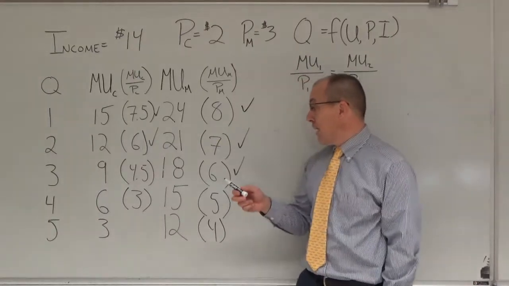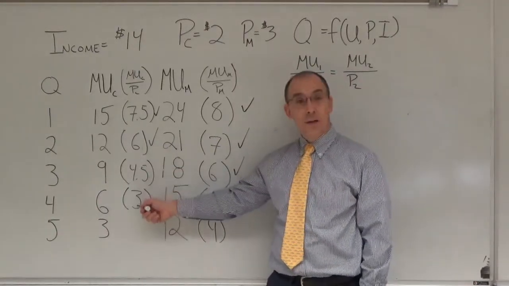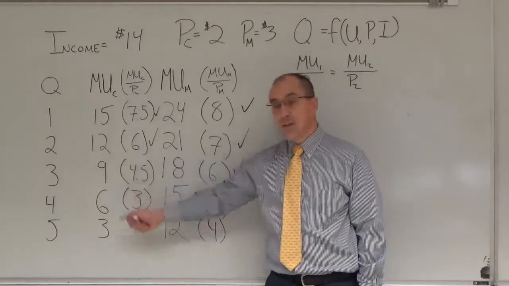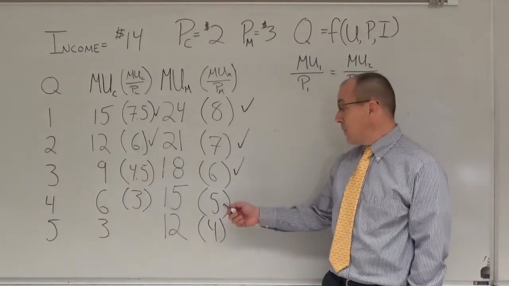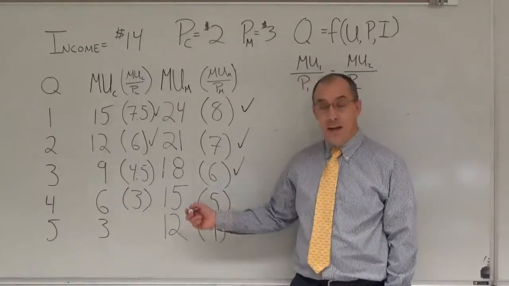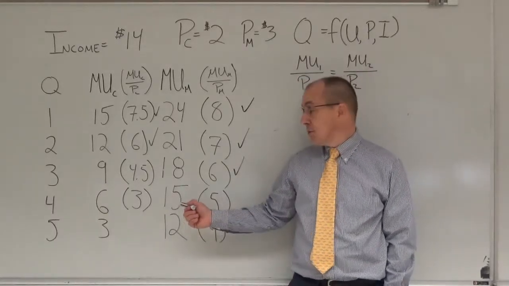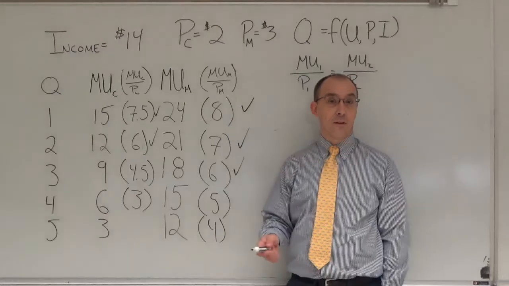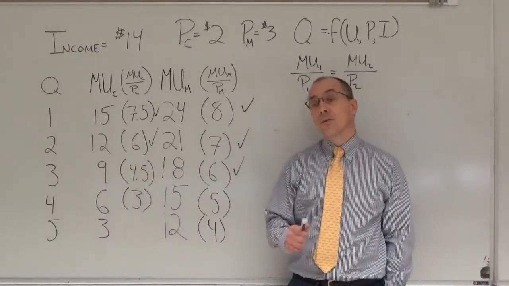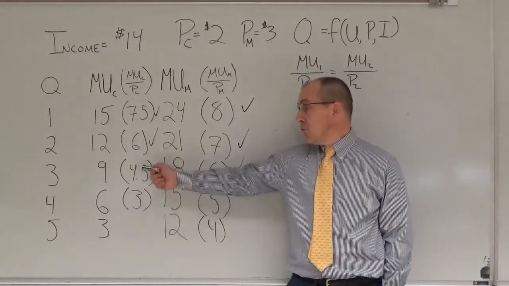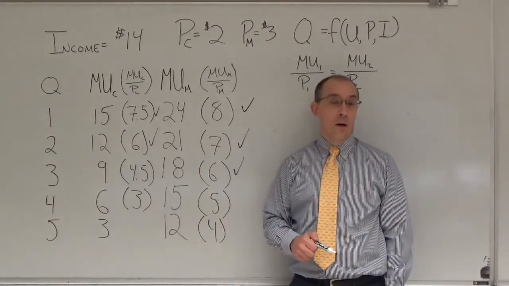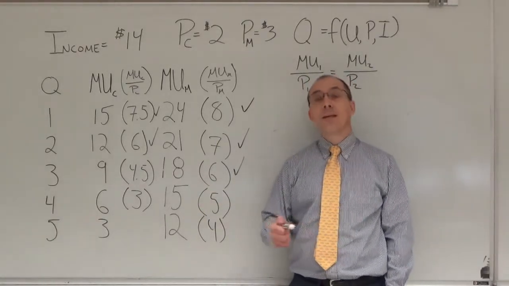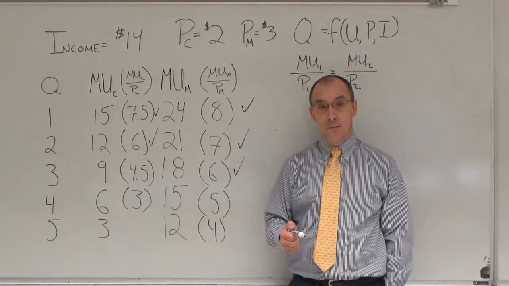Well, he could buy 2 more cookies. That would give him an additional 15 units of utility. Or he could buy 1 more milk and have 15 additional utility and also save $1. If he gets no utility from saving money, either 2 additional cookies or 1 additional milk, he'll be equally happy both ways.